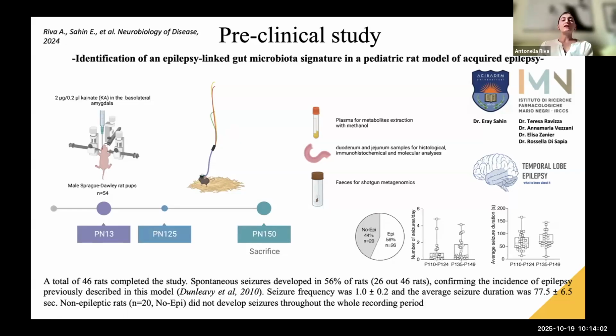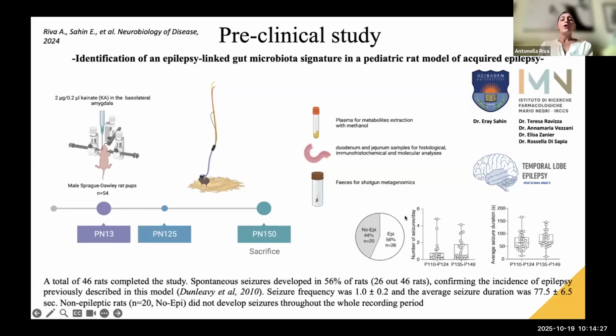But the interesting thing about this model is that the induction is caused by the injection into the amygdala and not into the peritoneum, as in other models. This allows us to study the gut microbiota without interaction from the administration of the kainic acid.